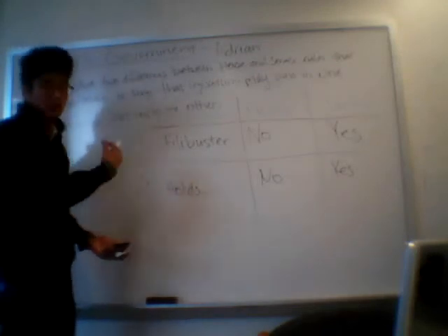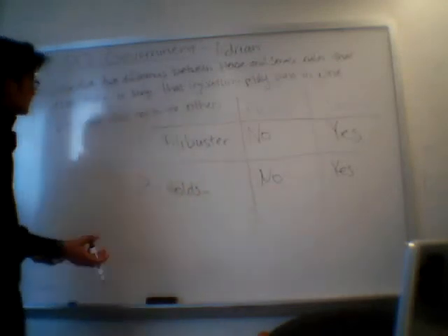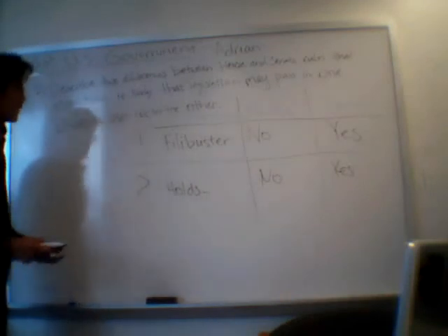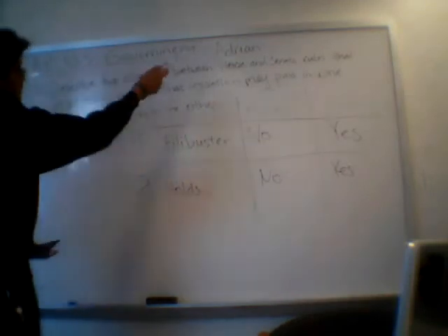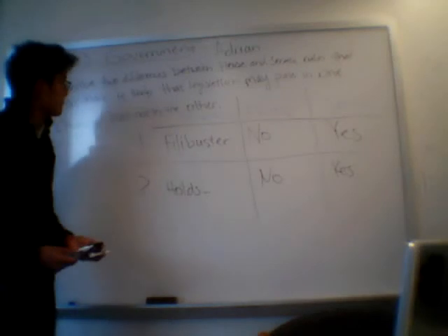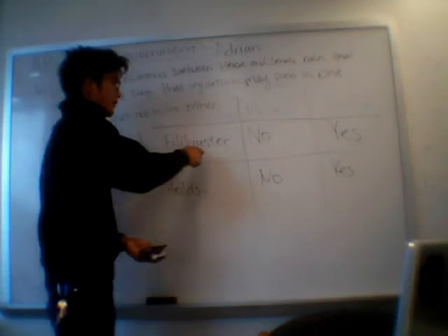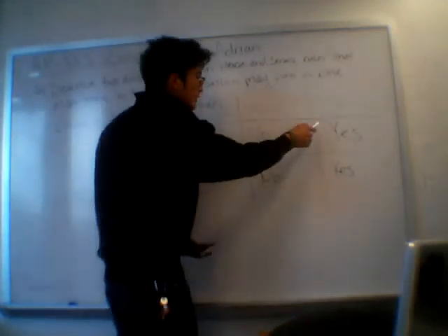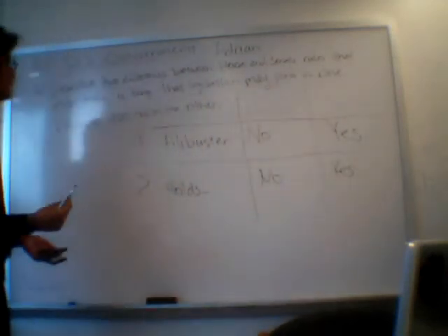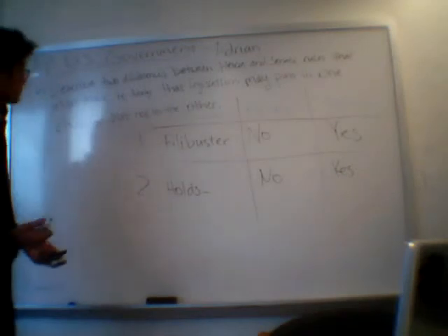So how do we put this chart into words, which is what the AP exam wants? How do we answer this question in words? So we can say really easily that one difference is that the House does not have the filibuster power, which the Senate does, and that's one answer.